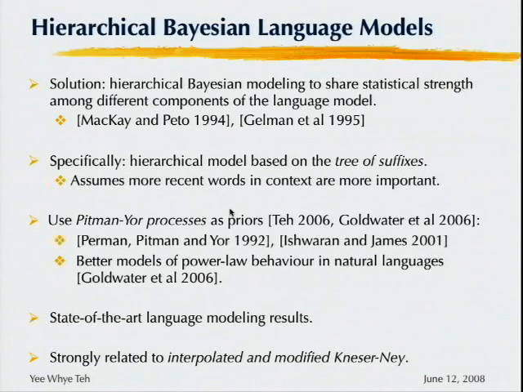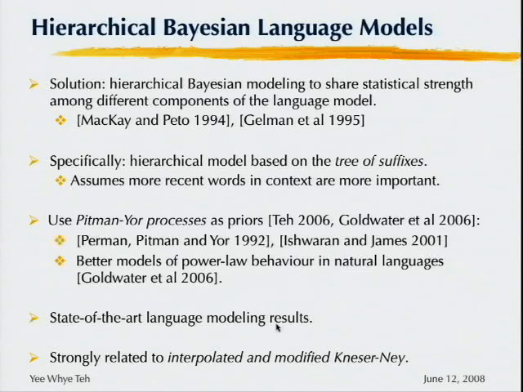And the second idea in this is that we'll be using a generalization of Dirichlet processes called Pitman-Yor processes as the priors instead. So we'll be using hierarchical Pitman-Yor processes. Okay. And the reason for this is that Pitman-Yor processes produce power law type of behavior, which are much better models for languages than the Dirichlet processes are. Okay.